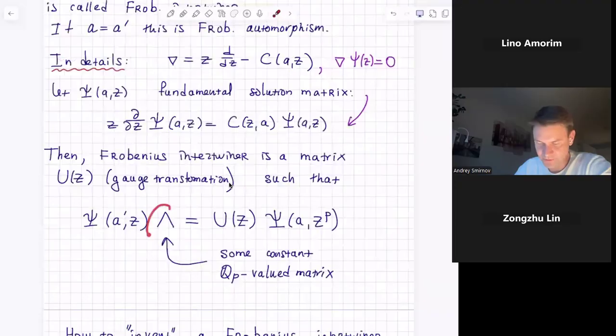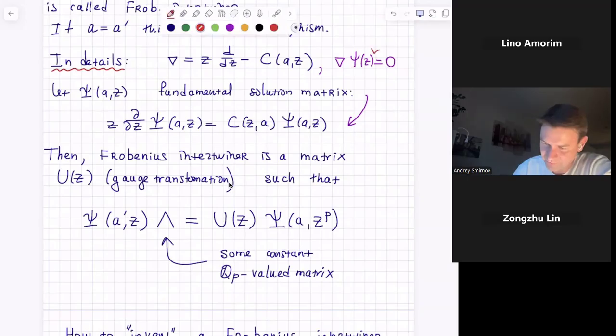Again, you can ask why this constant matrix is appearing here. It's because a fundamental solution matrix is defined up to a choice of a basis in your space. If you have a fundamental solution, maybe psi, and you multiply it by some constant matrix from the right, of course this is still a solution of the differential equation.